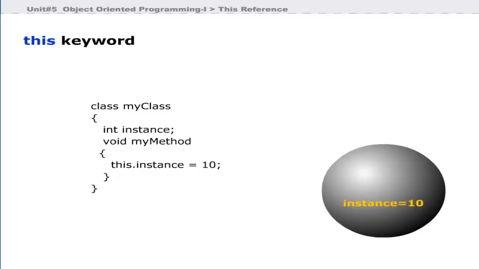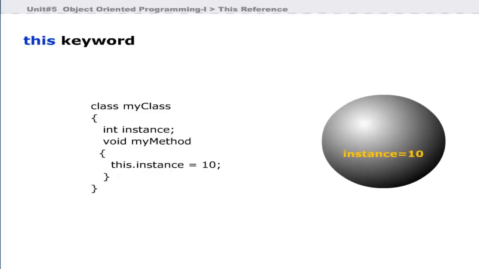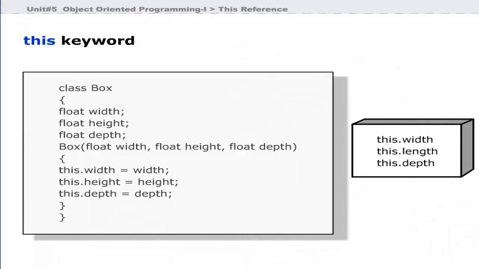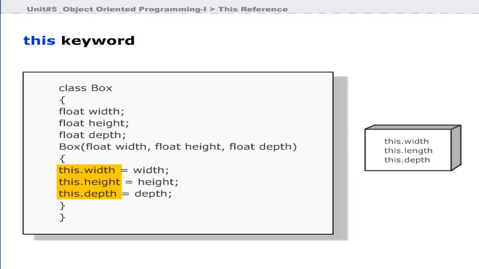Although it seems redundant because instance variables can be accessed directly by methods of the same class, it is helpful in situations when local variables given in the parameter list of that method hide instance variables. When instance variables and local variables of a method have the same name, then use of the this keyword accesses instance variables of the object on which the method is called.